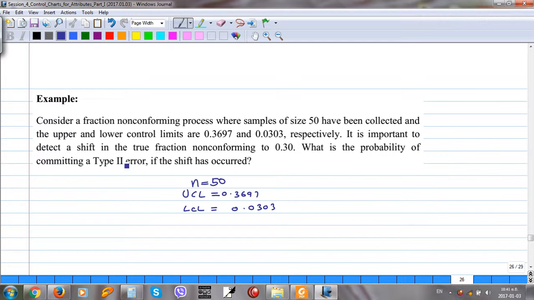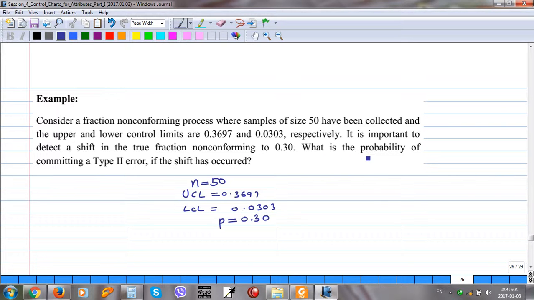It is important to detect a shift in the true fraction non-conforming to 0.3. Then P is given, that is 0.30.